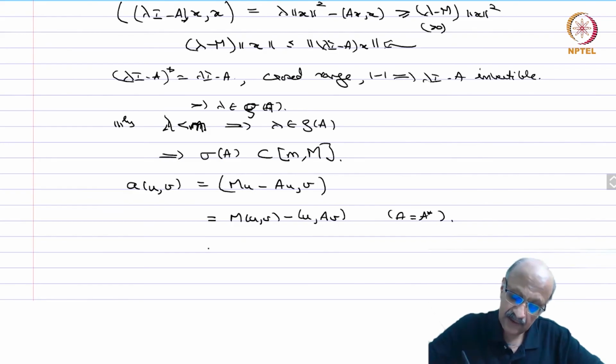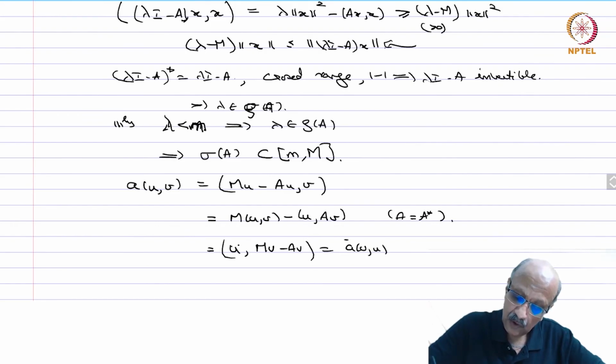This is equal to (u, Mv minus Av), which is equal to [v, u] conjugate.